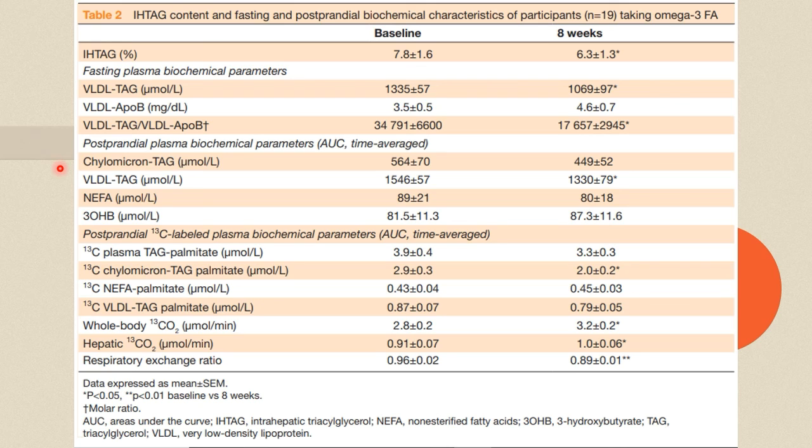The major lipid composition of this VLDL is actually the cholesterol. As you can see, there is a significant change in the triacylglycerol, and also for the TAG and VLDL ApoB, which means that this lipid decreases by taking omega-3 fatty acid.